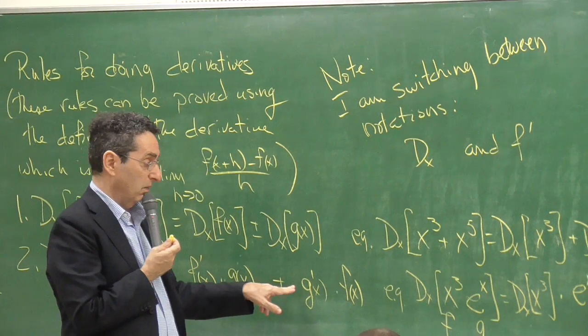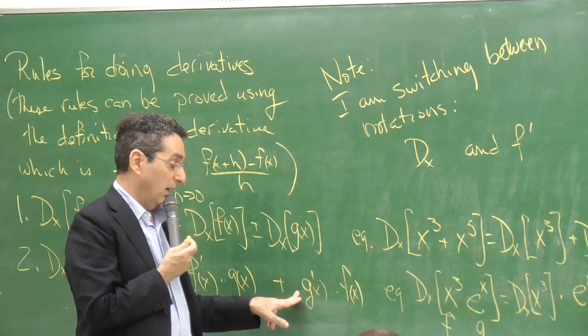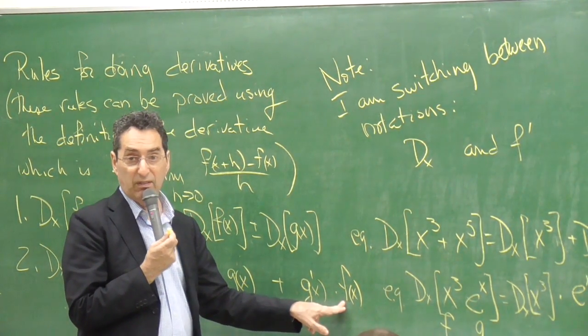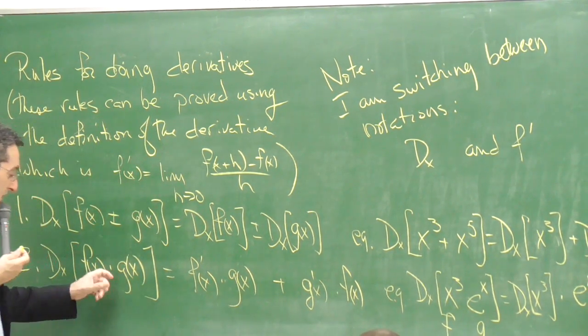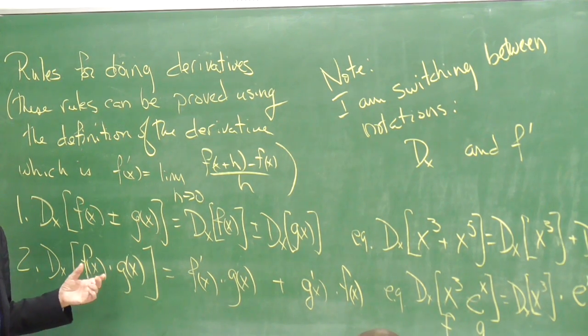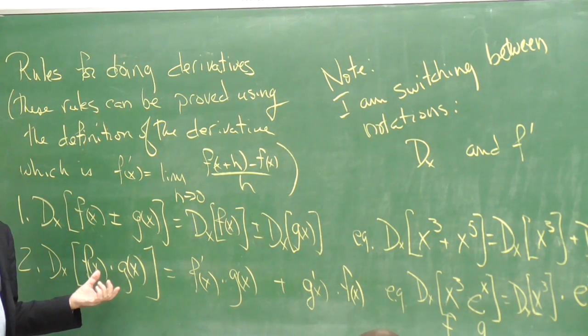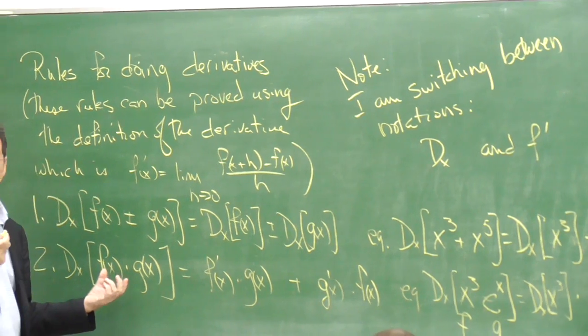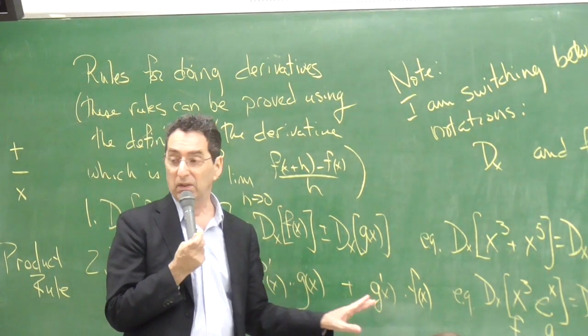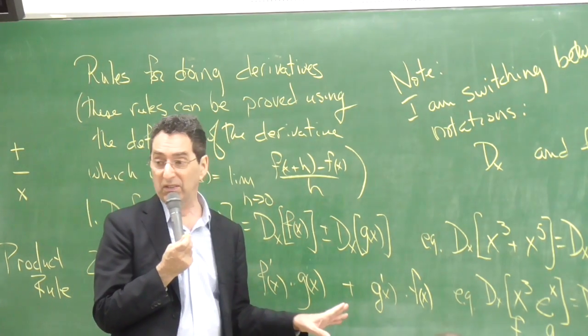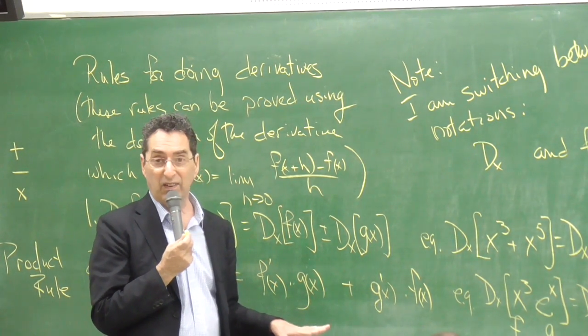Then you take the derivative of the second one and multiply it times the non-derivative of the first one. Obviously we could switch these, and we'd still be asking for the same function, right? So this should be symmetrical with respect to what we call f and what we call g. And it is.